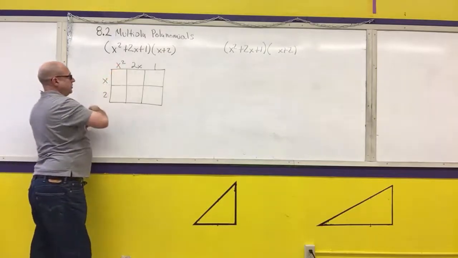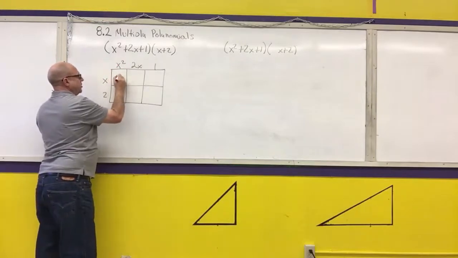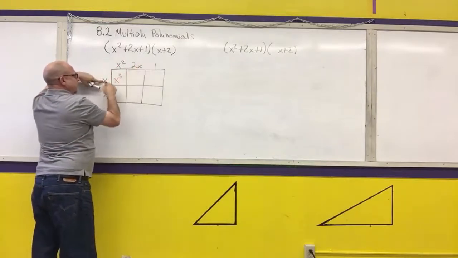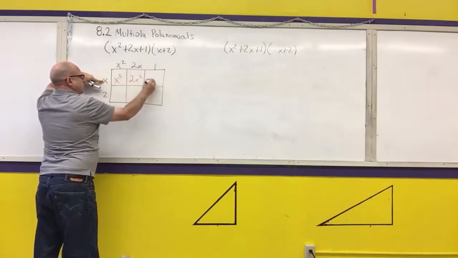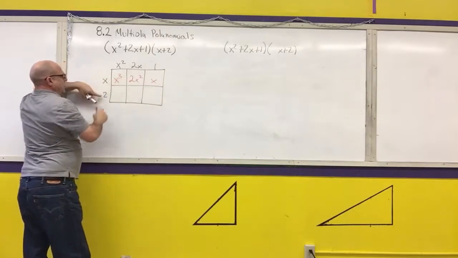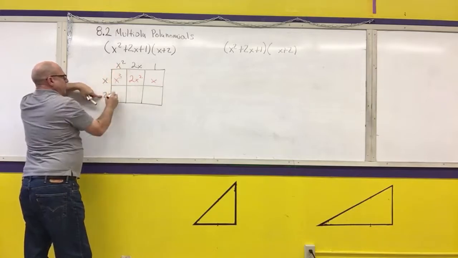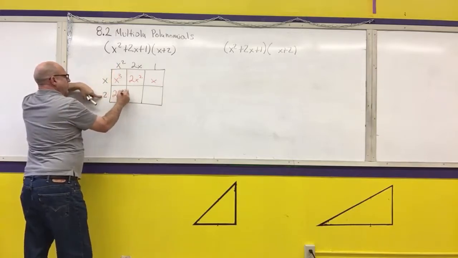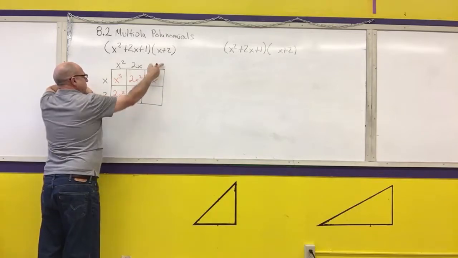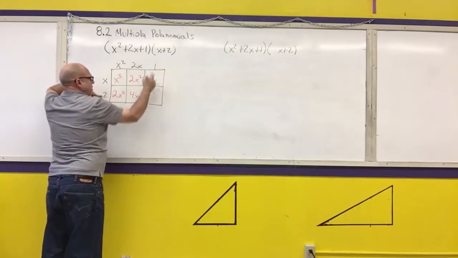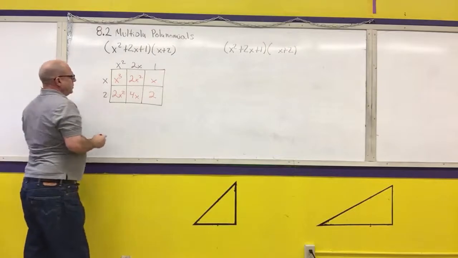X squared times x is x cubed. 2x times x is 2x squared. 1 times x is x. 2 times x squared, 2x squared. 2x times 2, 4x. 2 times 1 is 2.